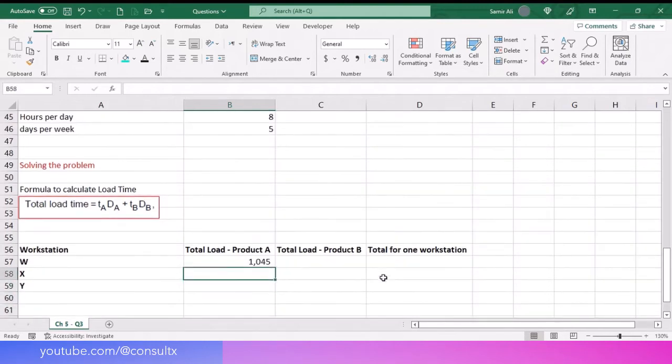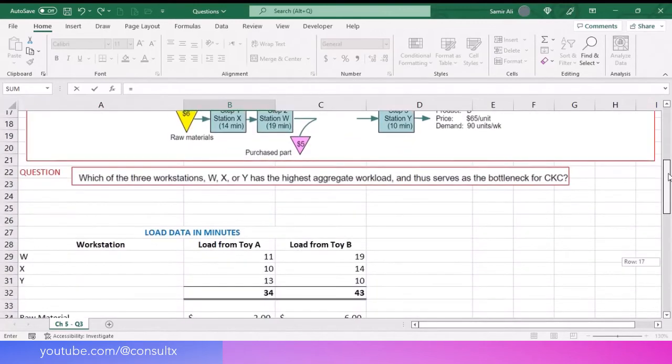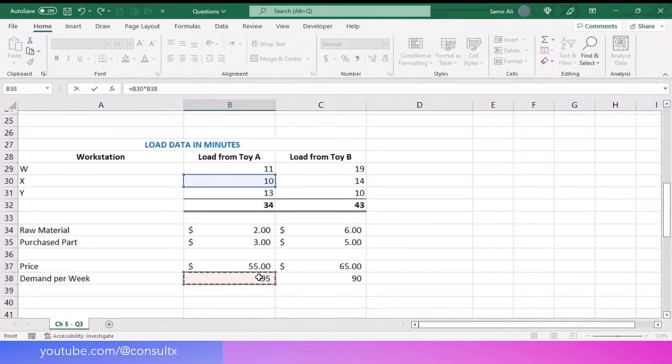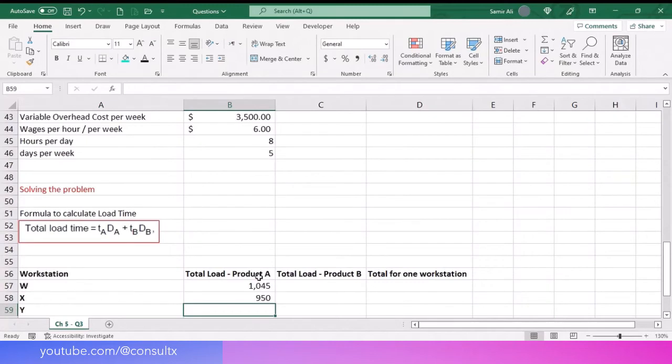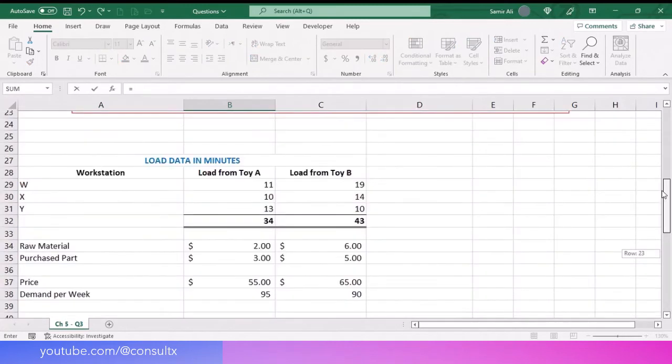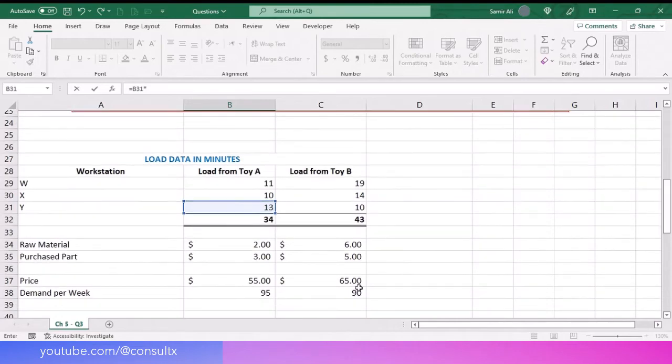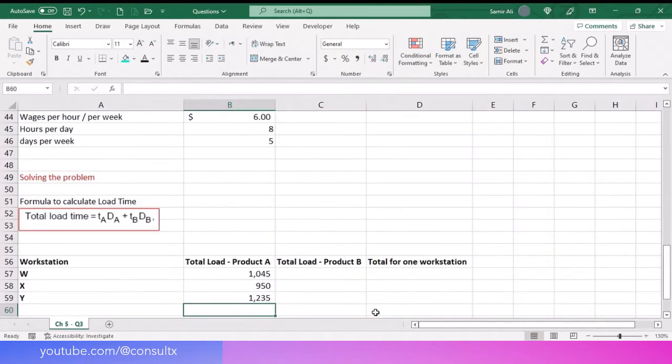We do the same for workstation X: 10 multiplied by the demand, we get 950. And the same thing for Y: 13 minutes multiplied by the demand, which is 95, so that's 1235 minutes.